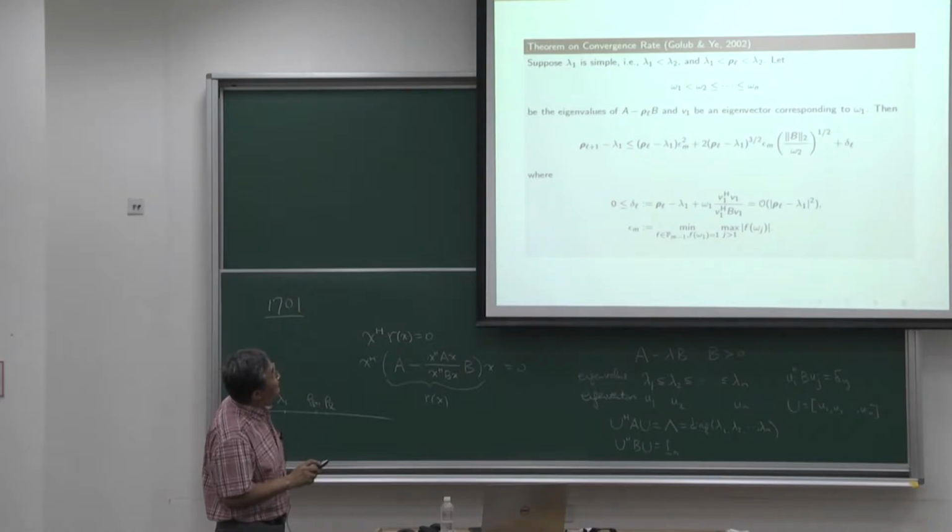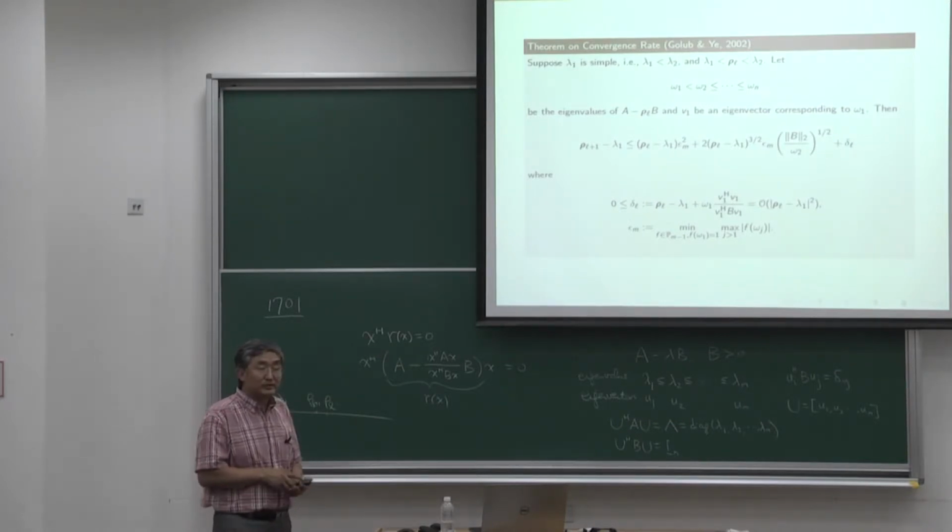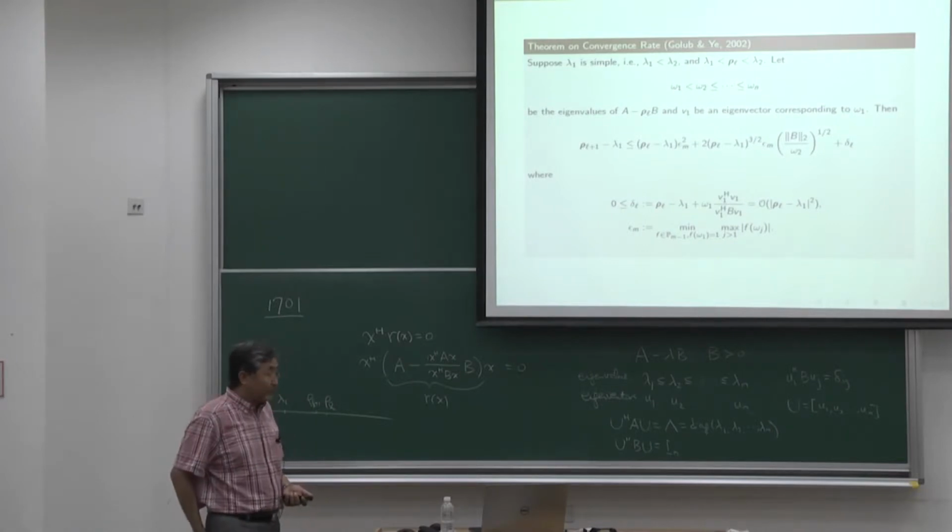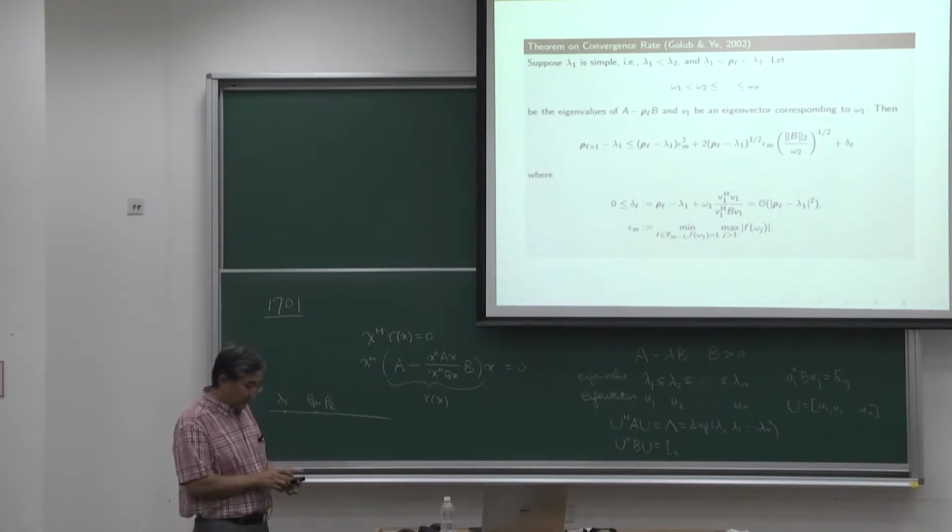Let's look at them carefully. This delta L is some quantity that turns out to be higher order. Rho_L minus lambda 1 is second order. Then look here, this is 1.5.